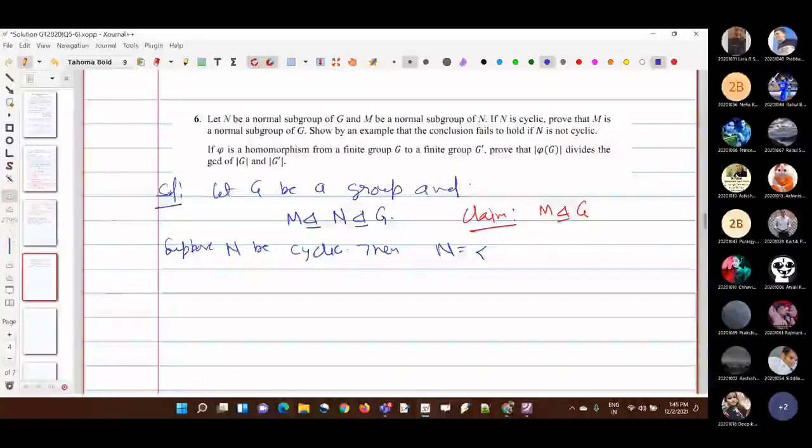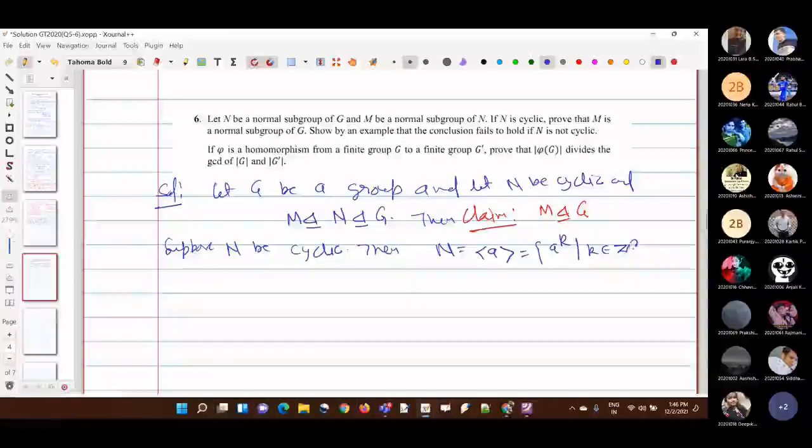So if N is cyclic, then there is some generator, and N equals the set of a to the power k, where k belongs to the set of integers.